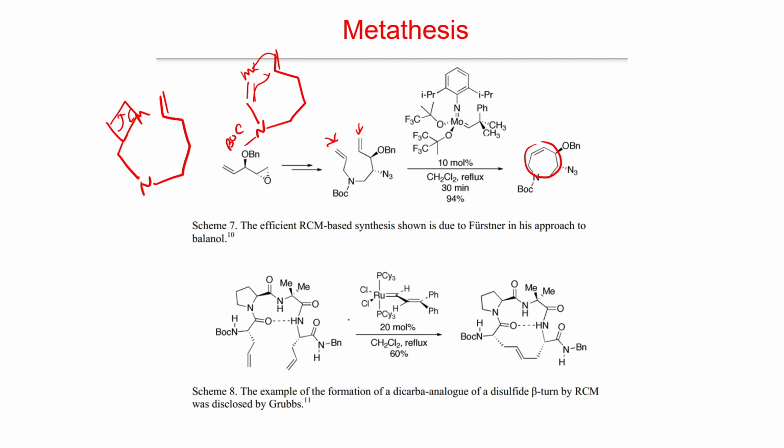And so for making this particular one, actually by Grubbs metathesis reaction, they have done that. For example, for formation of this carbocyclic analog of sulfide decatran. So here you are seeing with the Grubbs catalyst generating. Let's count that.